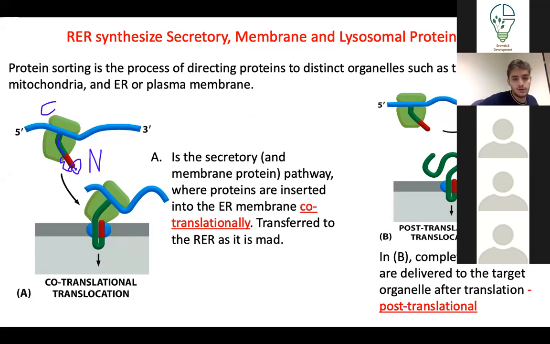It can go to whatever. So this is called co-translational translocation. As it's translated, it gets moved, and translation continues in the organelle, or it can finish, which is post-translational translocation. Okay, so this is the first thing that you should keep in mind.